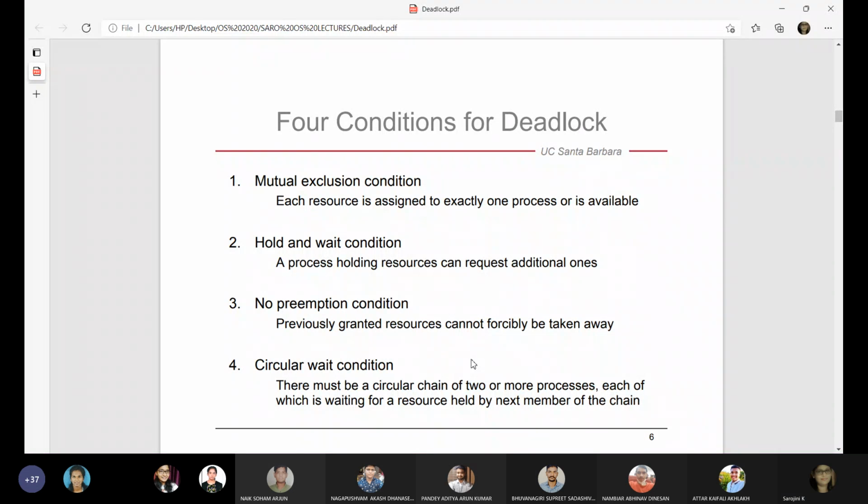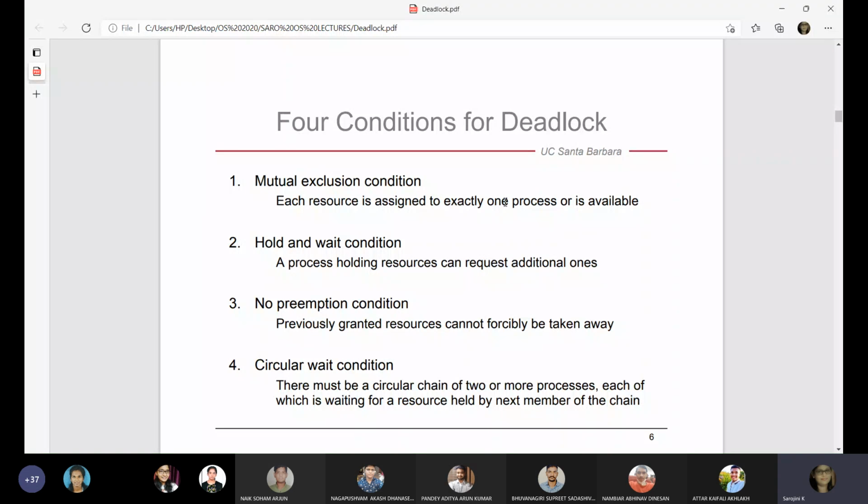The resource should be in any one of these conditions. Which condition is not satisfied here? A single resource cannot be allocated to more than one process. That's why it is leading to deadlock.